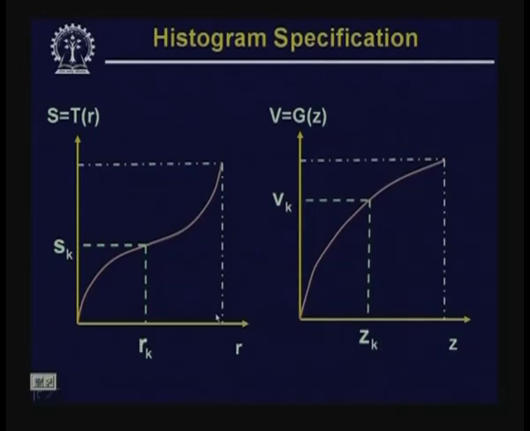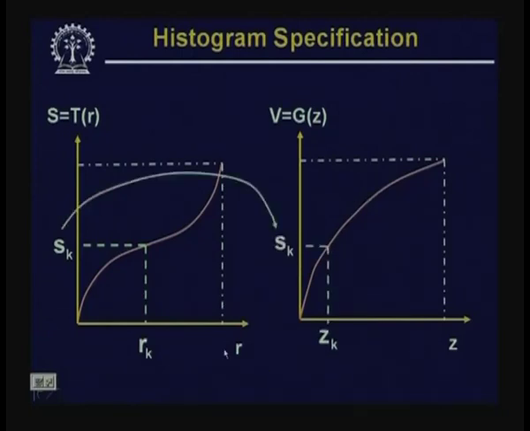So, the operation that we will be doing for this is, whatever s_k that we get from r_k, we set that s_k to this second transformation, and now you do the inverse transformation operation. As shown in the next slide, we set s_k along the vertical axis of this v equal to G(z) transformation function, then you do the inverse transformation, that is from s_k you come to z_k.